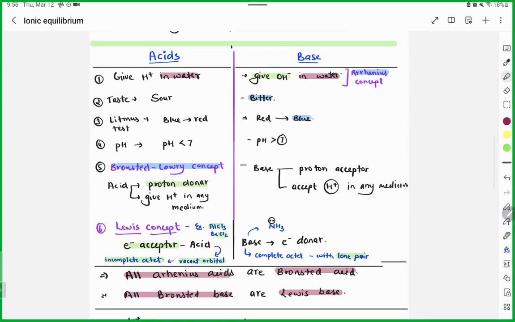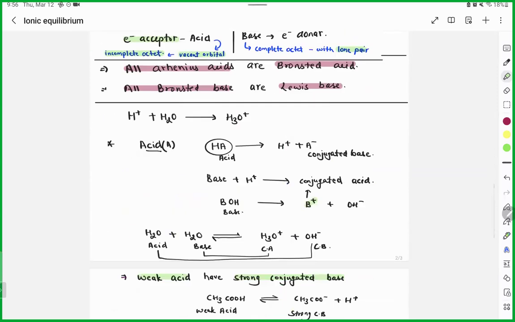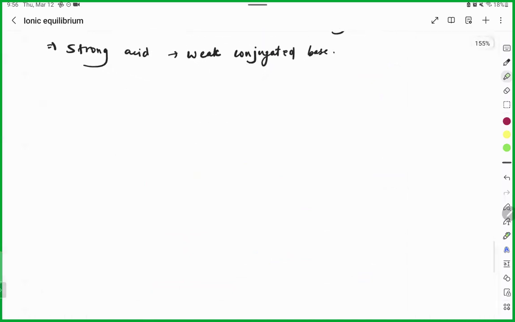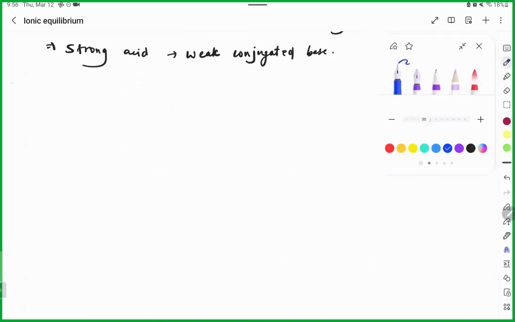Yes, sir. Done, sir. Now we are having the most popular topic of this chapter. Sir, 1 second, before that, can you just scroll up a little bit? Yeah, weak acid.